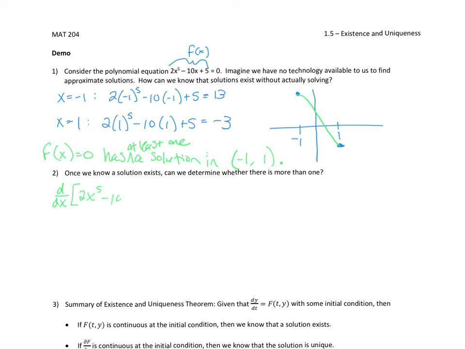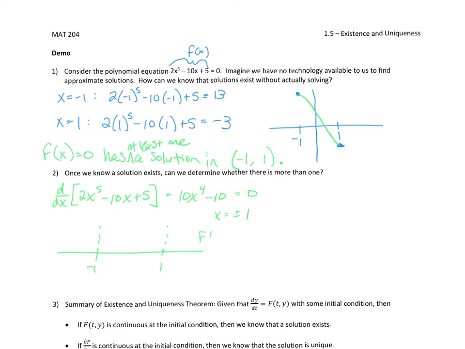The derivative is 10x^4 - 10. Figure out where that's 0, and that happens at x = plus or minus 1. We make a little sign chart, -1, 1. We're going to look at f prime here.